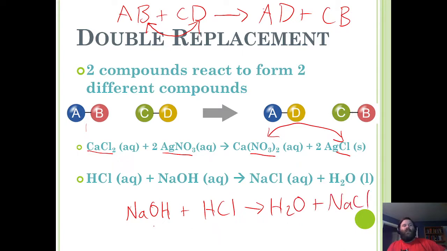This is a double replacement reaction, right? Because the Cl and the hydroxide ion, in this case, swapped with one another, and so we've got H2O, which, keep in mind, is HOH, right? And then we have NaCl, where the chlorine has come over and replaced the hydroxide.